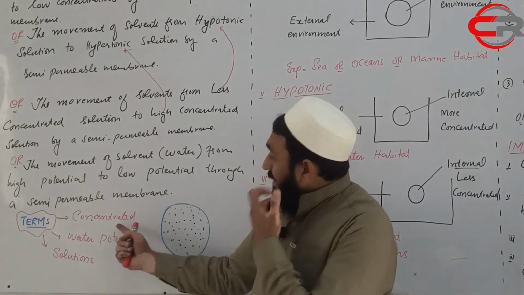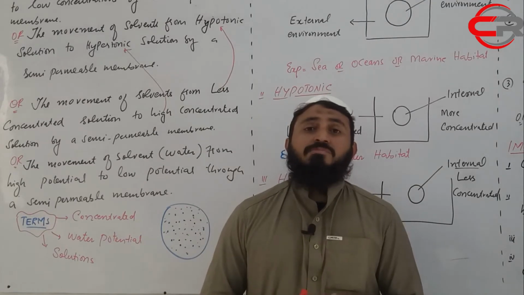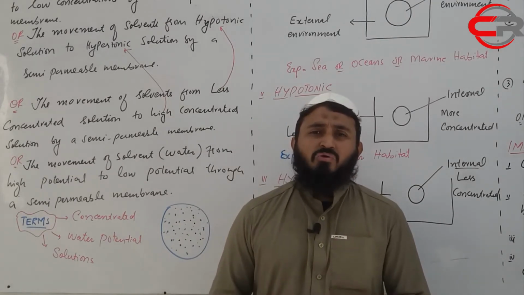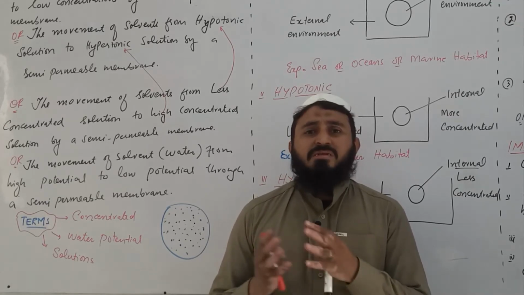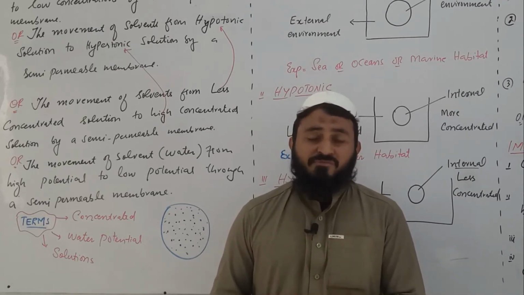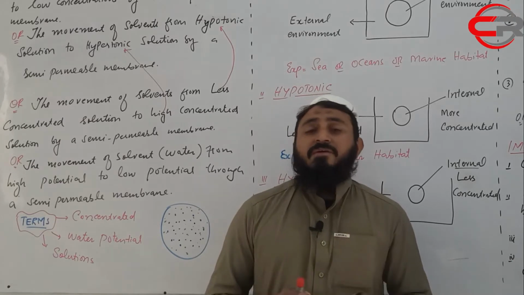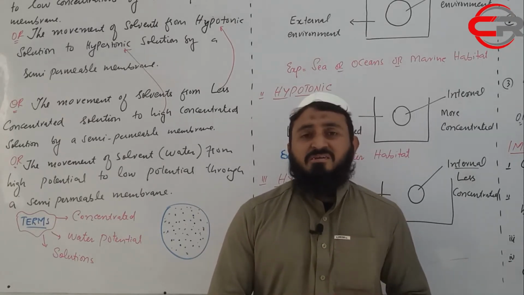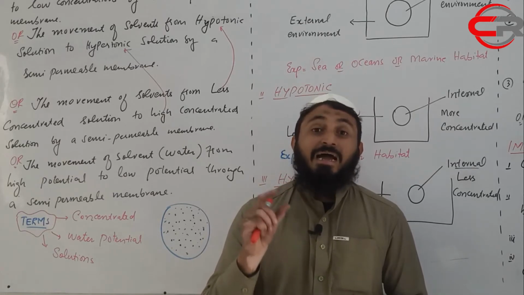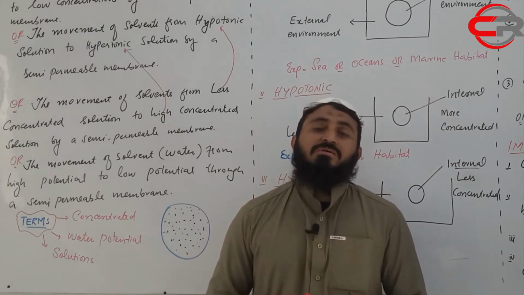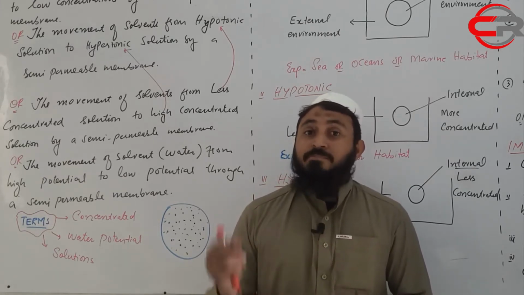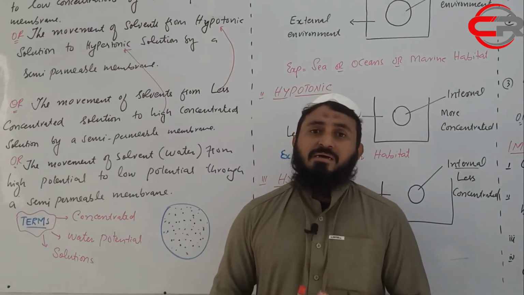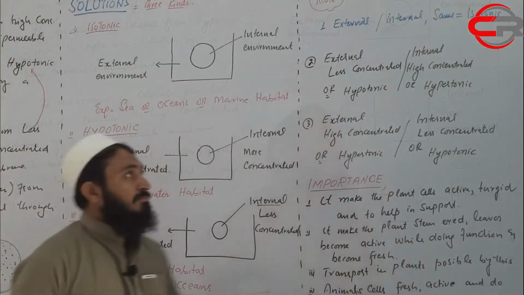While concentration means the quantity, whether this hypertonic solution is about 100% or 50%, or this hypotonic solution is 50%, 20% or 30%. So the quantity of that hypertonic or hypotonic solution is called the concentration, while the composition of that solution is called the concentrated medium.